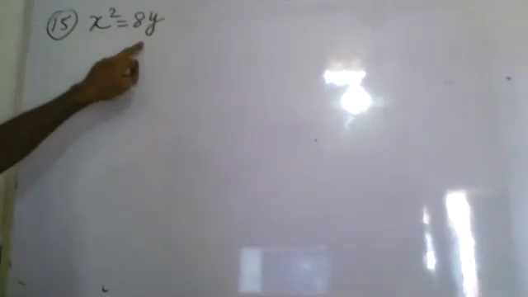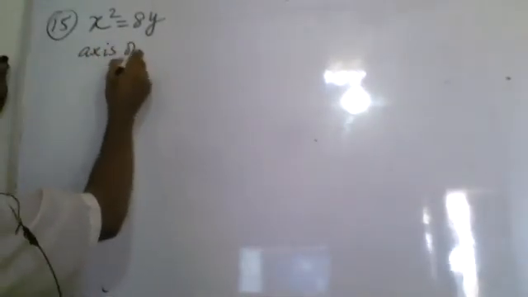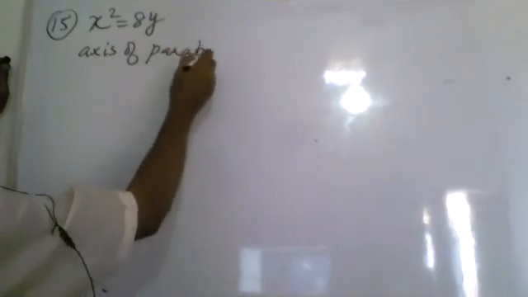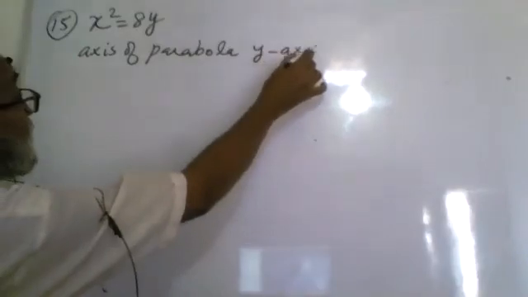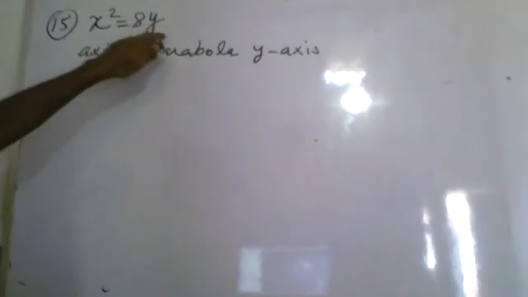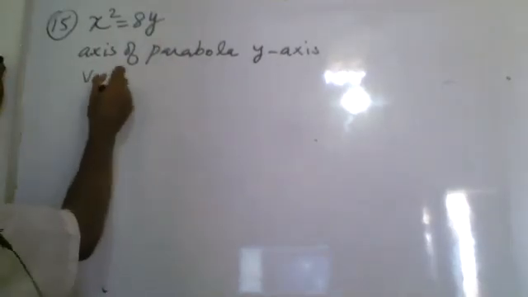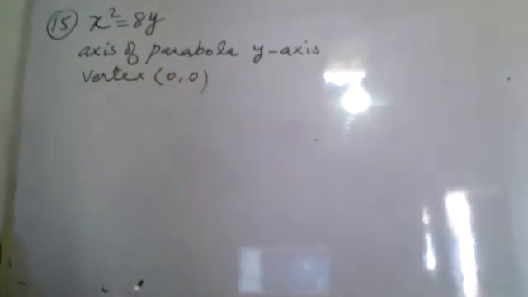The axis of the parabola will be the y-axis, the positive y-axis. The vertex will be 0, 0. Now we have to find the equation of the directrix as well as the focus.